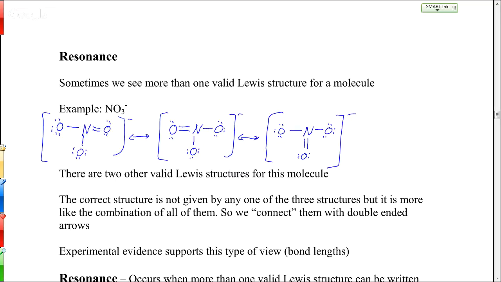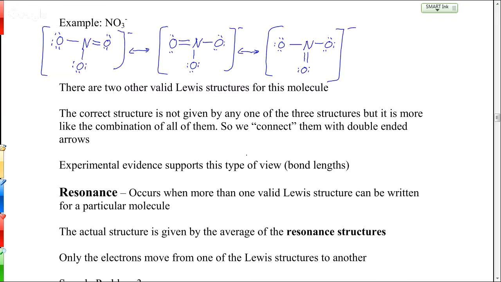It's not really switching. What's really happening is that the actual structure is an average of the resonance structures. If you look at nitrate ion through some kind of spectroscopy, one thing you can do is measure the bonds. You can measure if they're single, double, or triple bonds based on bond length and some other stuff.